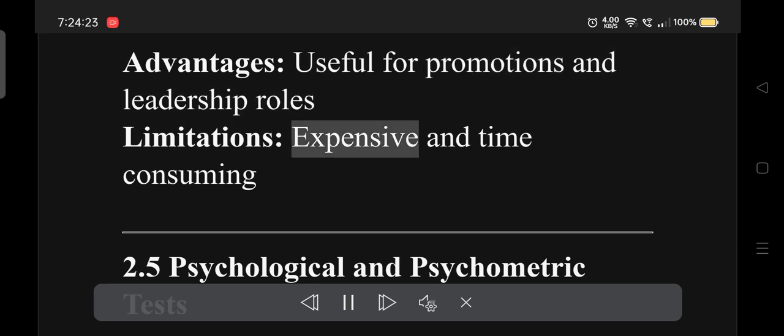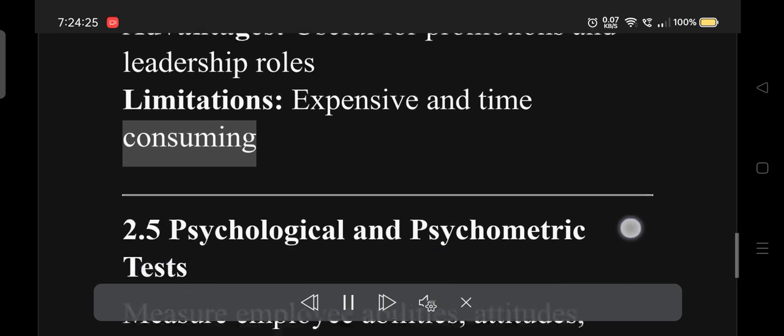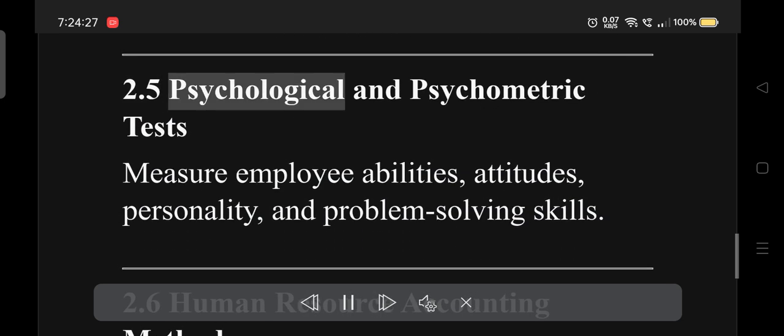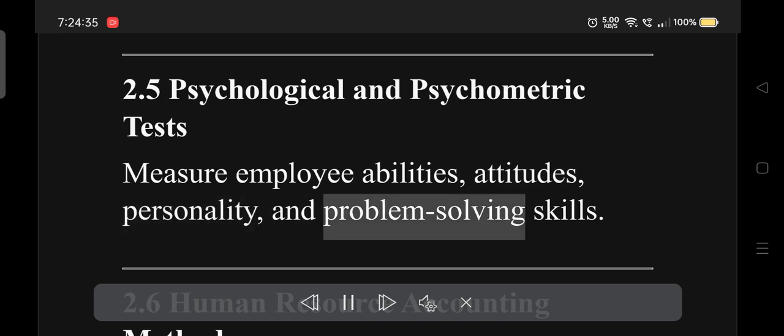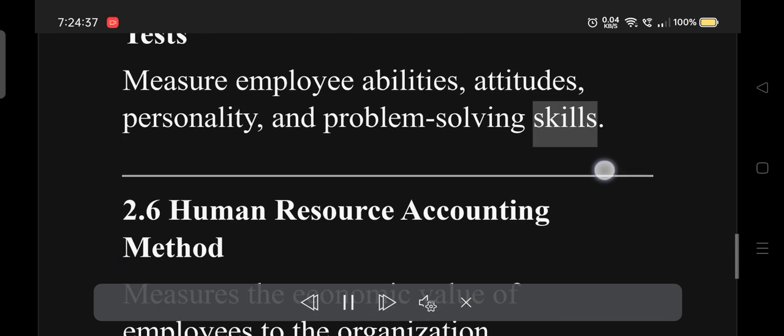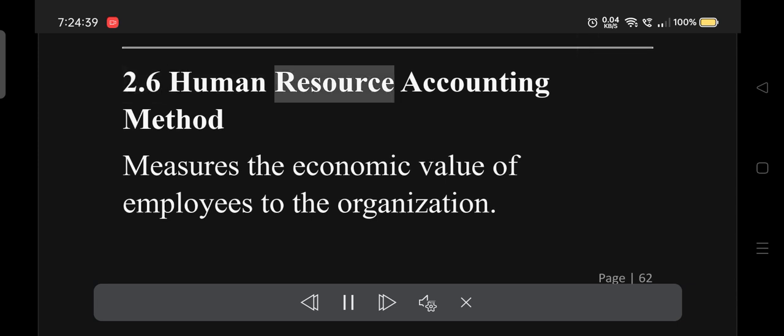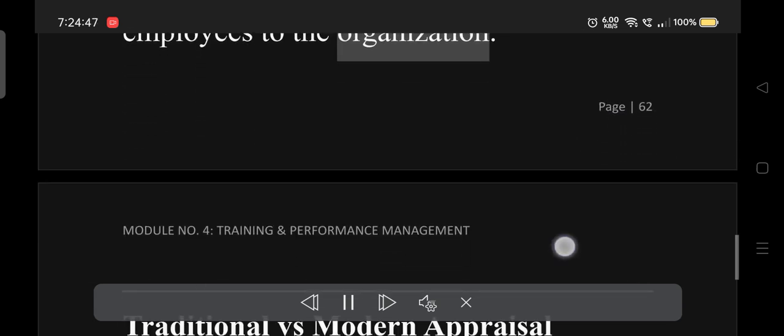Limitations: expensive and time-consuming. 2.5 Psychological and psychometric tests. Measure employee abilities, attitudes, personality, and problem-solving skills. 2.6 Human Resource Accounting Method. Measures the economic value of employees to the organization.